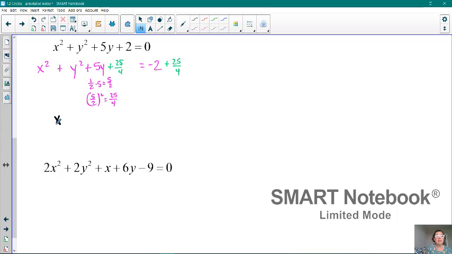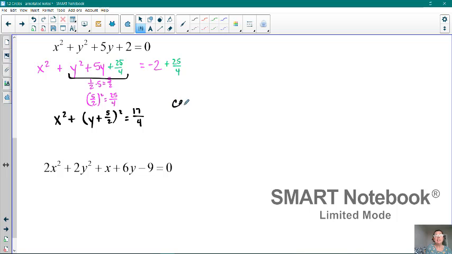No need to factor or anything. That's x squared plus the y factors into y plus square root of this, which is 5 halves. And negative 2 is negative 8 fourths plus 25 fourths becomes 17 fourths.